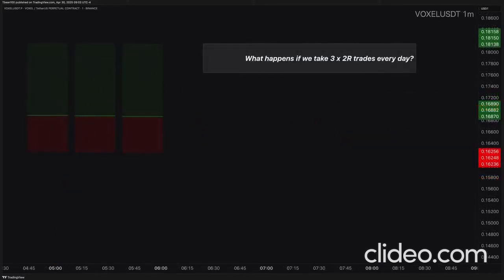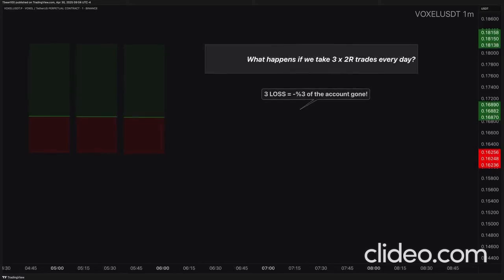So, what if I take 3 times 2R setup every single day? It's kind of overtrading, but let's observe the idea anyway. If I take 3 losses in a row with 1R, basically 1% of my account, then I will be losing 3% of my total account just in a single day. How about 2 losses and just 1 win?